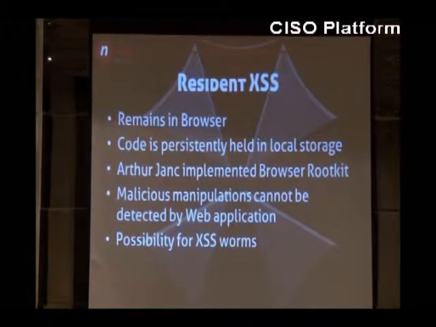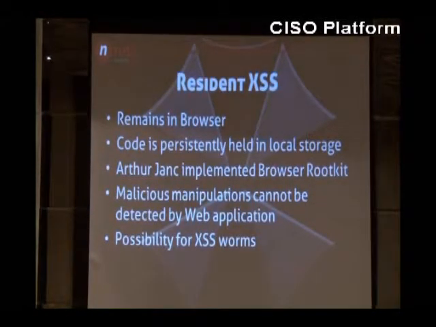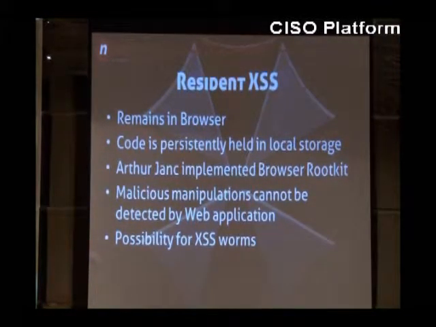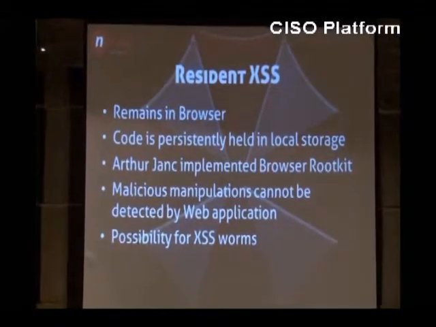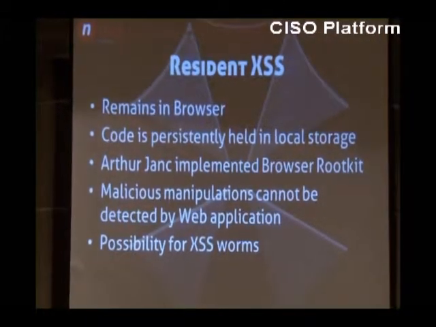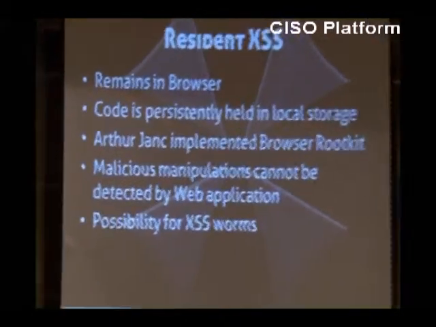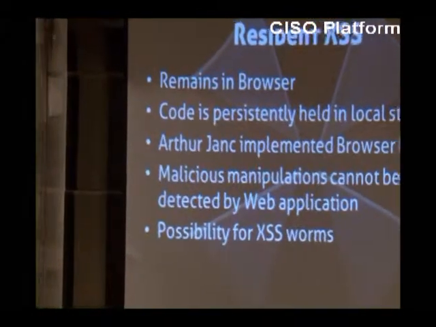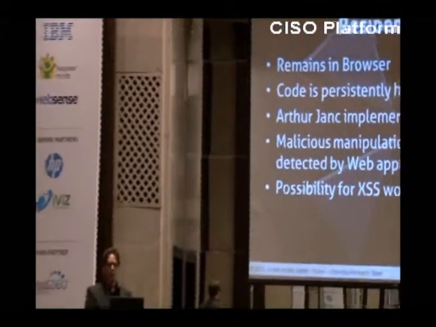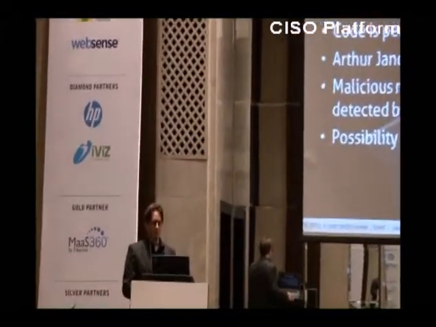There's a new concept which has to do with the local storage capabilities of HTML5. I will talk about that later on. That means the attacker, or everybody else as an application developer, could store code, stuff, whatever, on the browser side. So in the case of code, attackers could hide code which is persistently stored on the browser side.